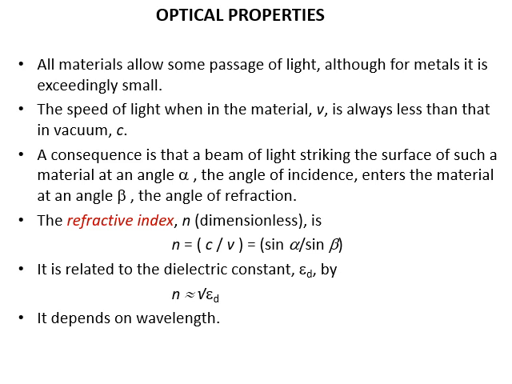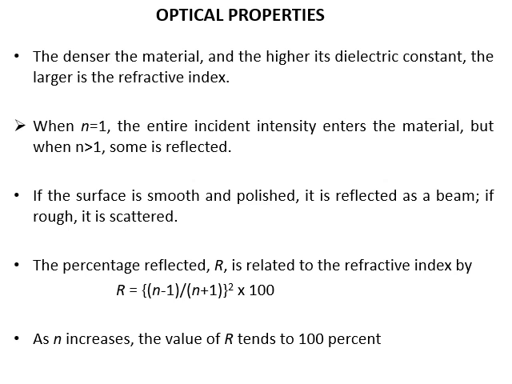It is related to the dielectric constant epsilon d by n, which is almost equal to the square root of epsilon d. It also depends on the wavelength. As light goes through a vacuum, it has the highest speed, 300,000 kilometers per second.